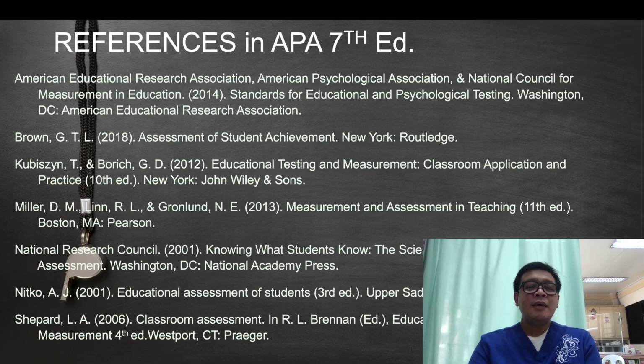Okay? And to sum up and to give a synthesis of my report, assessment and evaluation are essential in terms of providing proper education to our students. These two would always come together and they won't be separated.